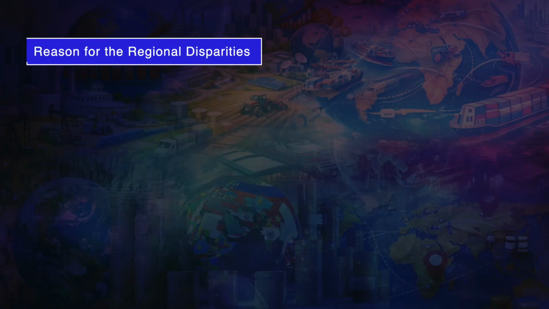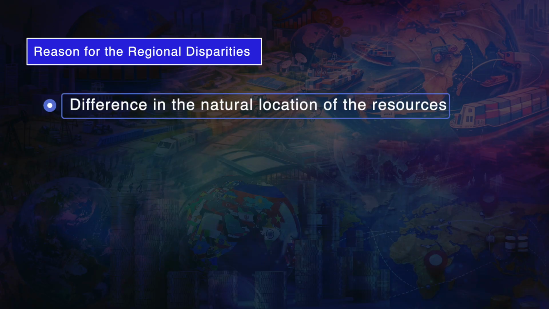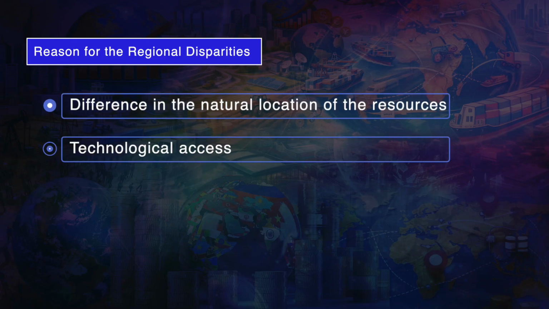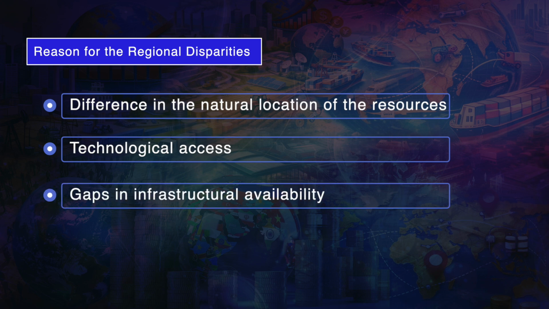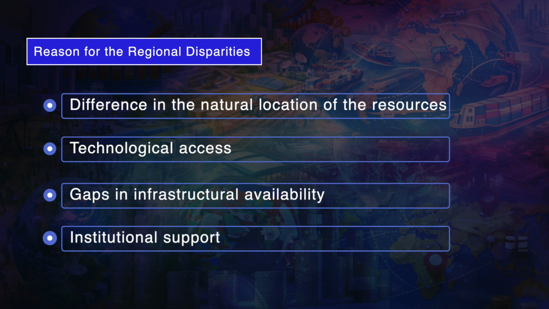The policy bias towards irrigated crops intensified regional inequality. The main reasons for regional disparities include differences in the natural location of resources, technological access, gaps in infrastructural availability and institutional support. These disparities have serious implications for rural inequality and balanced development in Indian agriculture.